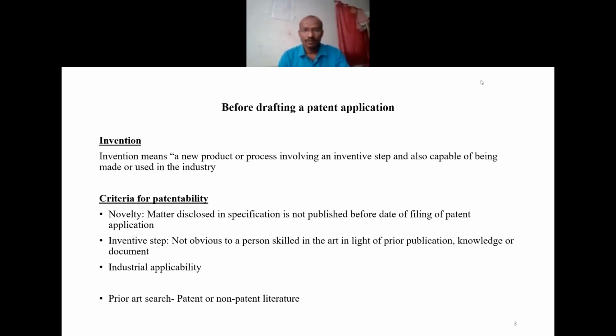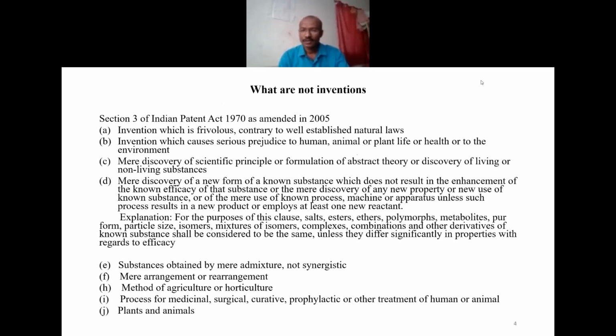So coming to what are not inventions, as we have seen what can be patentable and the different criteria of patentability, we should also be aware of what are not inventions according to the Indian Patent Act 1970, which was amended in 2005. There is a long list of things which are not patentable.